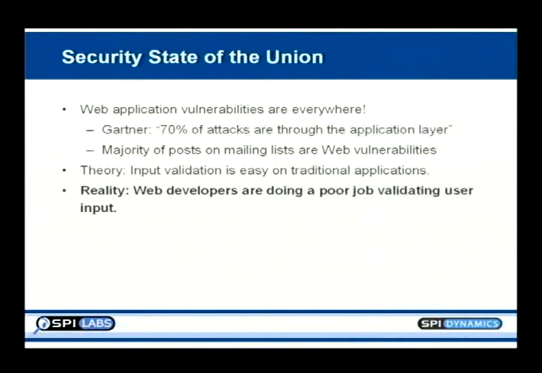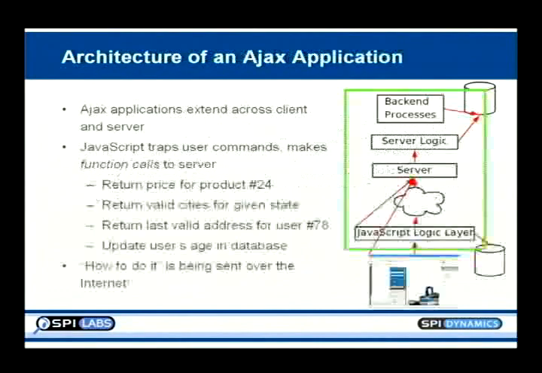You can't go across the internet without stumbling upon ODBC error messages, SQL injection errors. Cross-site scripting is everywhere. It's funny, there's actually a search engine out there. It's not one of the big ones, but if you go looking for cross-site scripting vulnerabilities, their search dialog box is cross-site scriptable. So if you type in script, alert, whatever, because you're looking for examples of cross-site scripting, you'll cross-site script the search engine trying to find other cross-site scripting vulnerabilities. So they're all over the place.